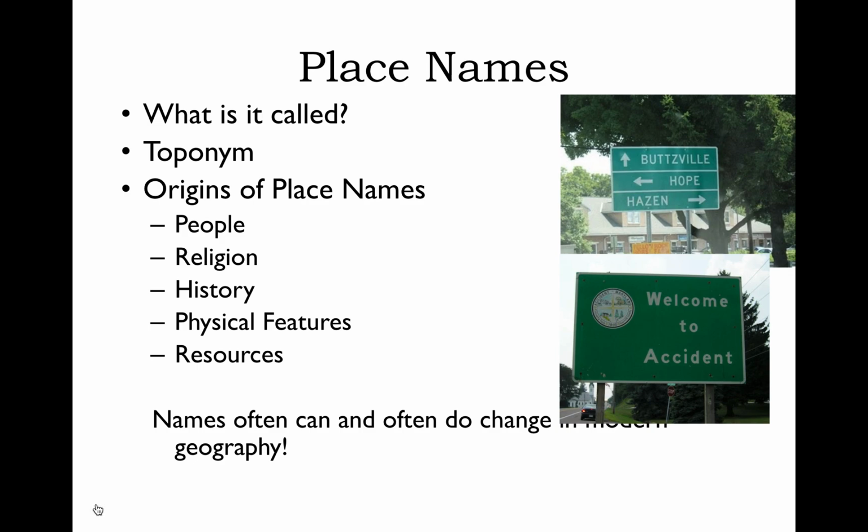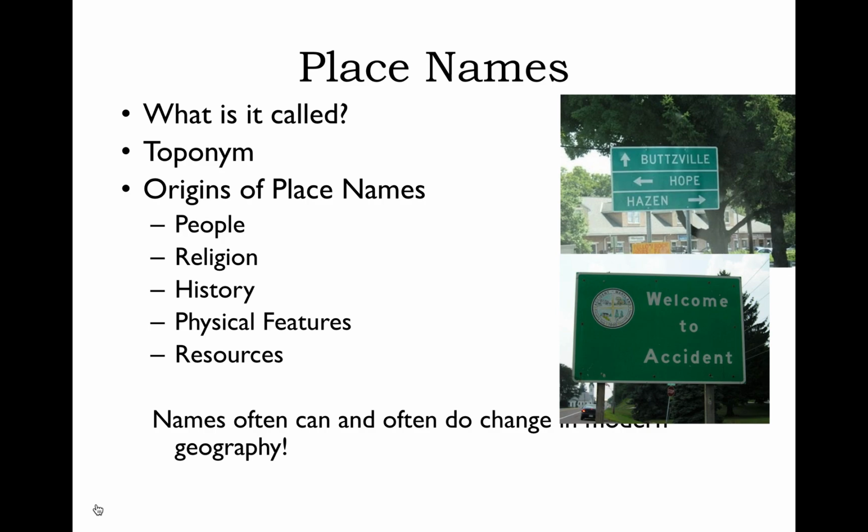Toponyms, again, are the names of the place. Usually it's a founder or an explorer or a famous person. Often they fall along the lines of ancient history and religion. When we look at North America and Australia and parts of South America, we see a lot of the impact of colonization within the toponyms. And then also physical features are evident, as we can see in the picture at the bottom, which shows a geographical site that has unique physical characteristics.